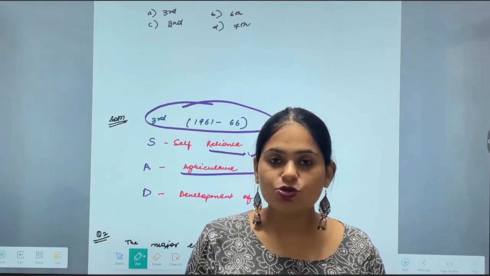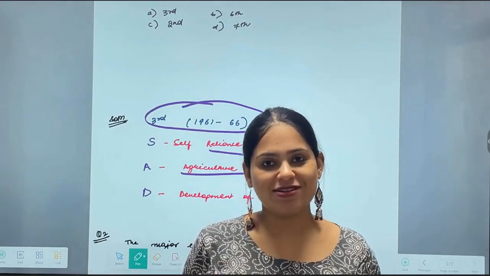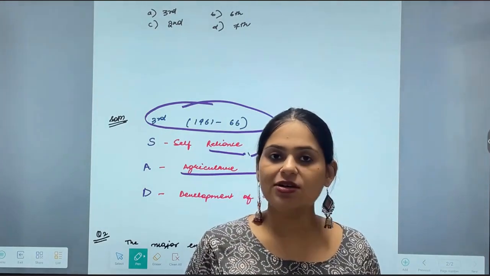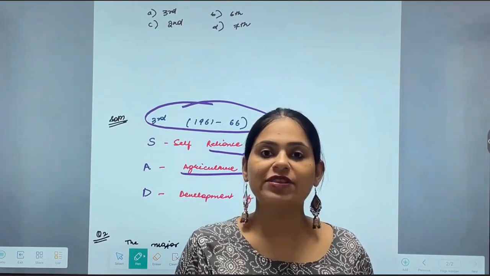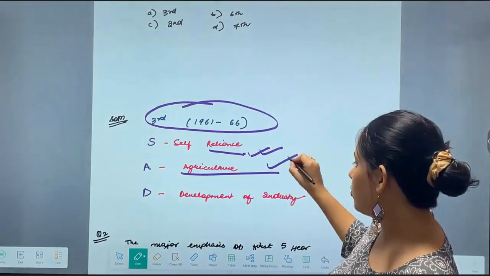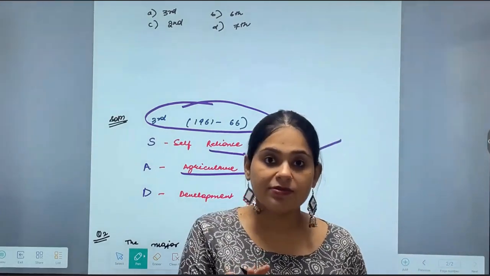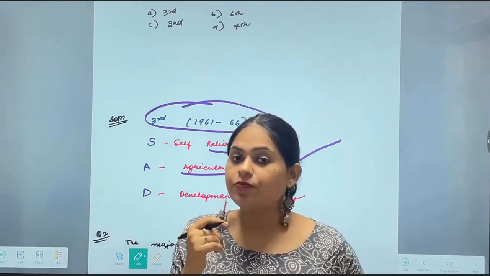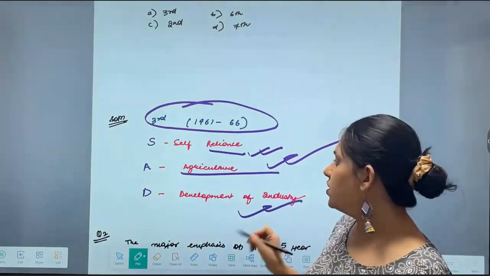You should not deviate from the agricultural sector. So they wanted to go back into the agricultural sector and put their initiative there also. But at the same time, self-reliance has to be of industries, so they wanted to develop the industries too.